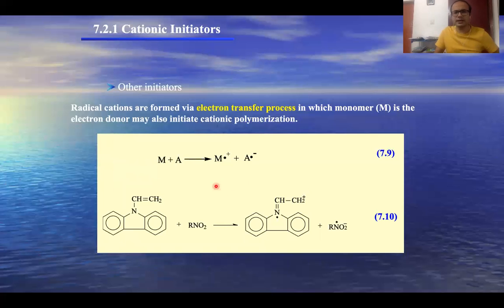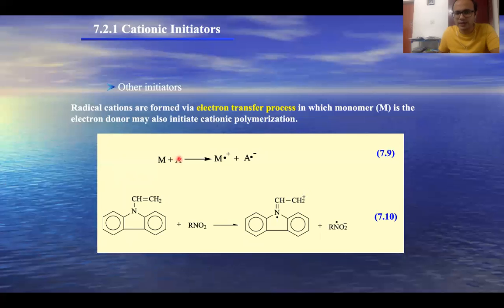Now, another initiator possible is by electron transfer process. Here a monomer is able to transfer one of its electrons to an acceptor, and so a radical cation is formed via electron transfer in which the monomer is the electron donor and may also initiate the cationic polymerization.